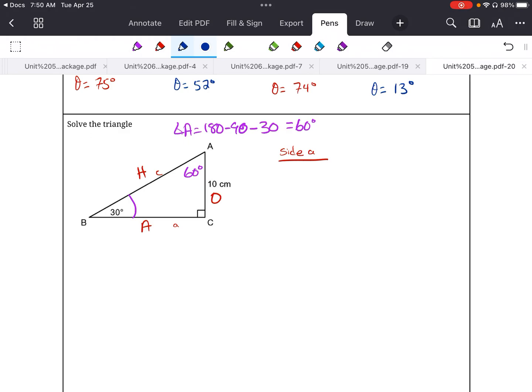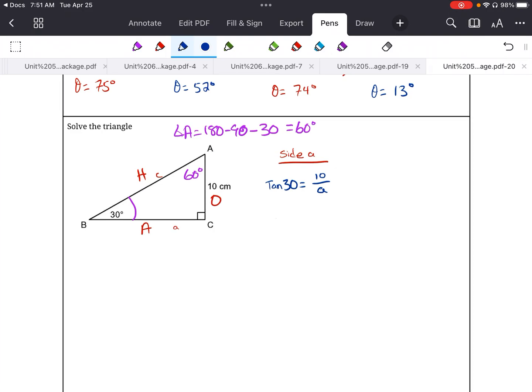Adjacent and opposite work with tan, so it's tan 30 equals opposite over adjacent. Variables on the bottom, so A will be 10 divided by tan 30. So side A is 17.3 centimeters.